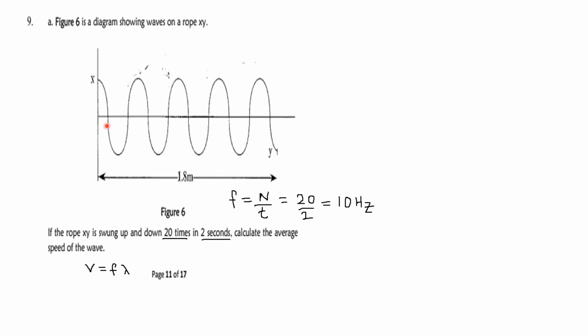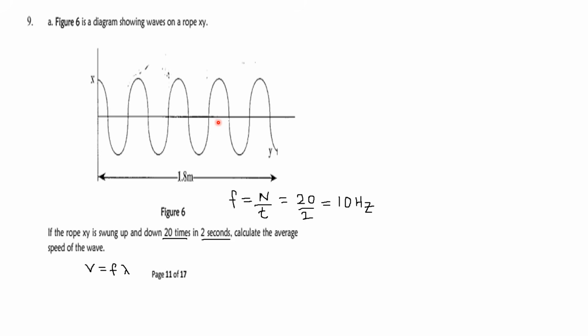So let's find how many complete oscillations we have. We have 1, 2, 3, 4, roughly. The question is asking us for the average, so we don't have to worry about this last part and that first part over there.